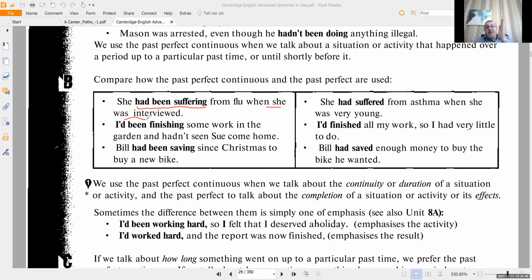She had suffered في الماضي التام وقع وتم، هذا حاجة وقعت وتمت. From asthma when she was very young. إذن هنا نتكلم عن حادثة لمريضة.